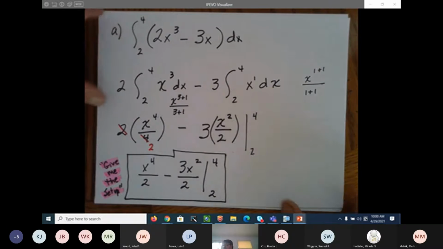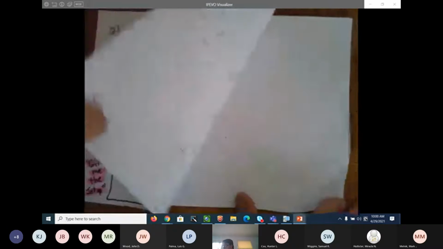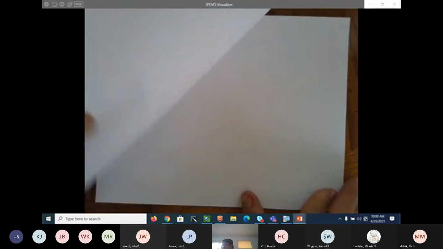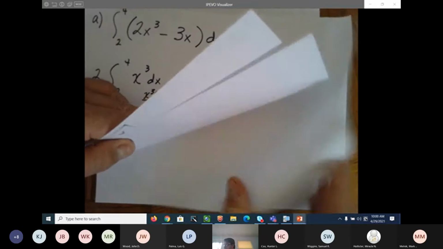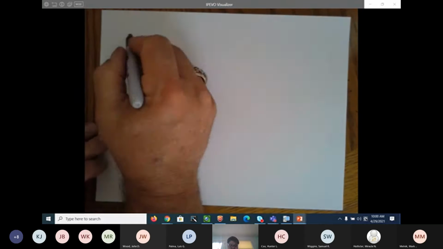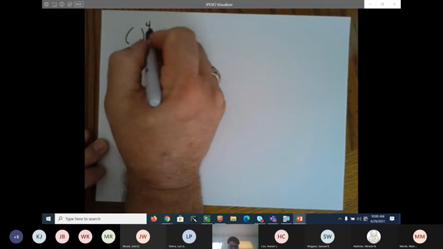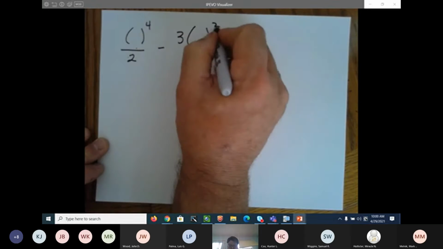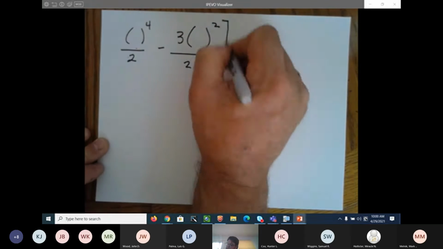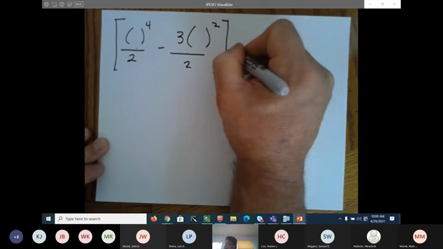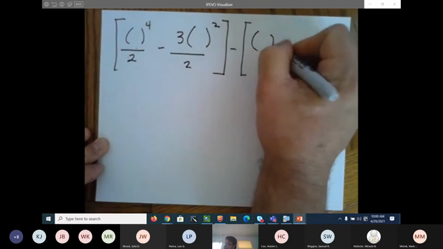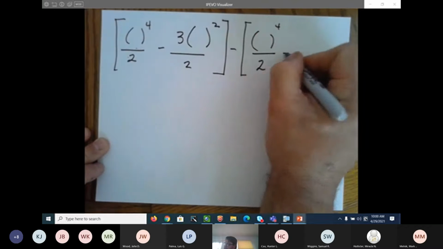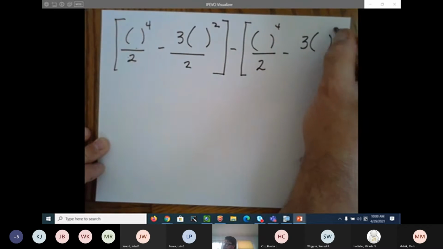So I'm going to go to a white page. And sorry, and we're going to do this. So I'm going to rewrite it as parentheses to the 4th over 2 minus 3 times parentheses squared over 2, brackets, minus parentheses to the 4th over 2 minus 3 times parentheses squared over 2.